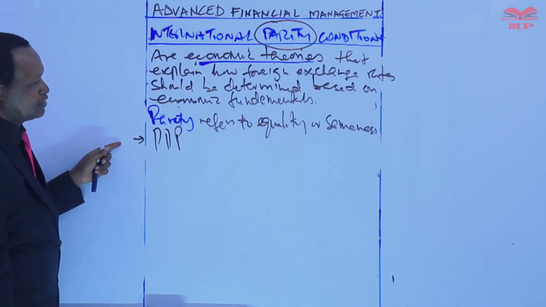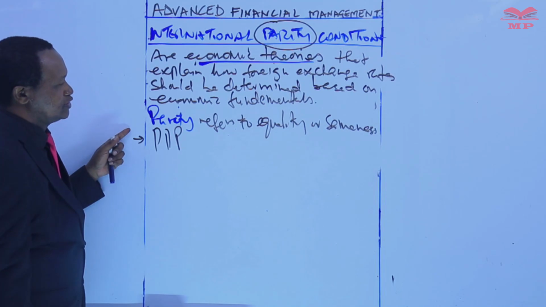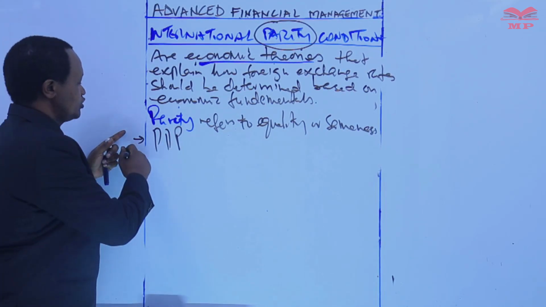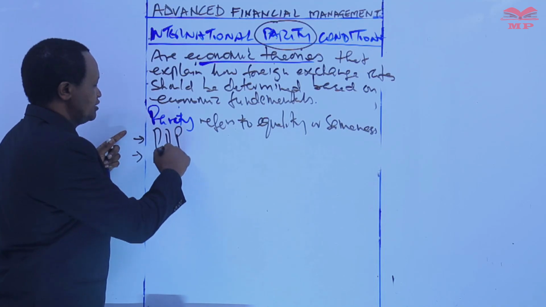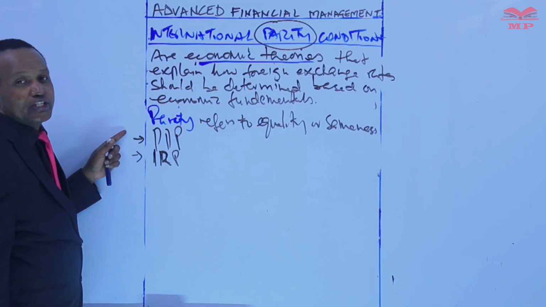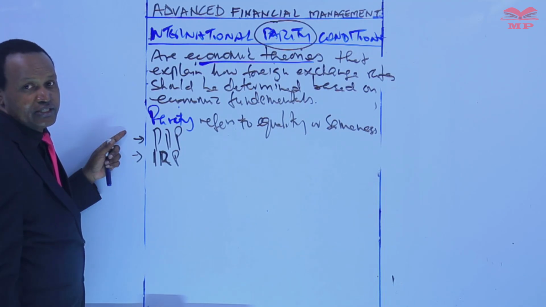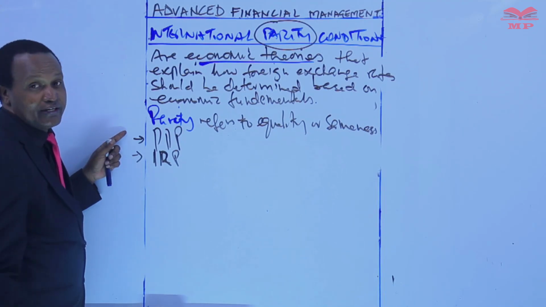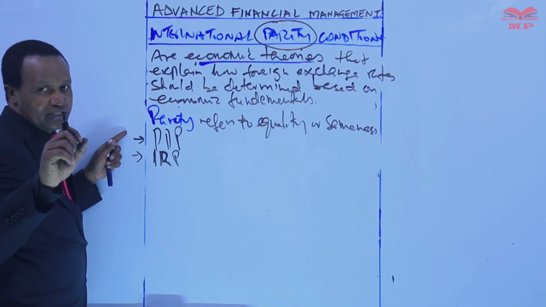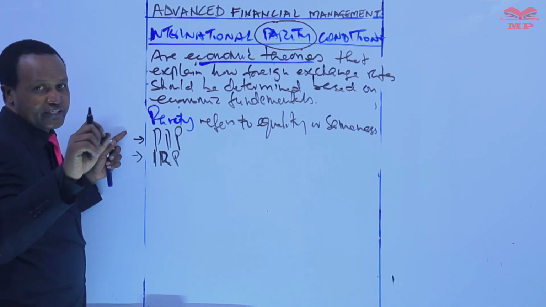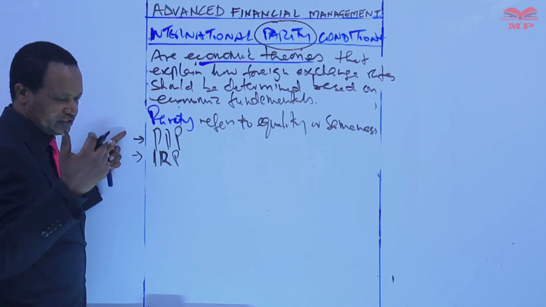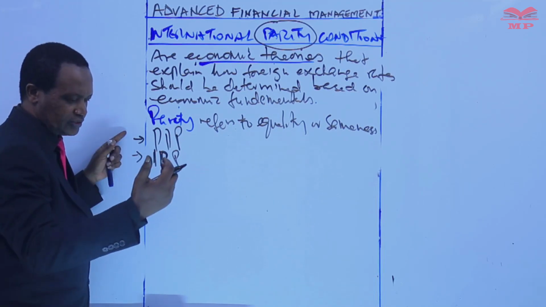I'm giving examples of application of parity in economics. You have the PPP. You may also have the interest rate parity. Interest rate parity refers to the idea that interest rate differentials between countries.